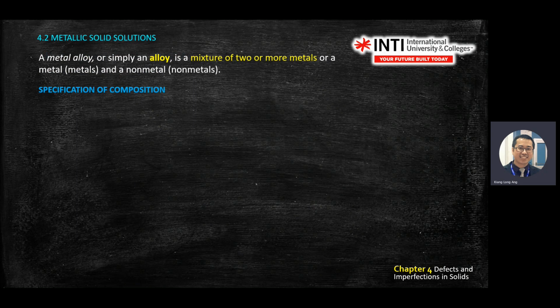Next one is alloy. An alloy is a mixture of more than two kinds of metals.